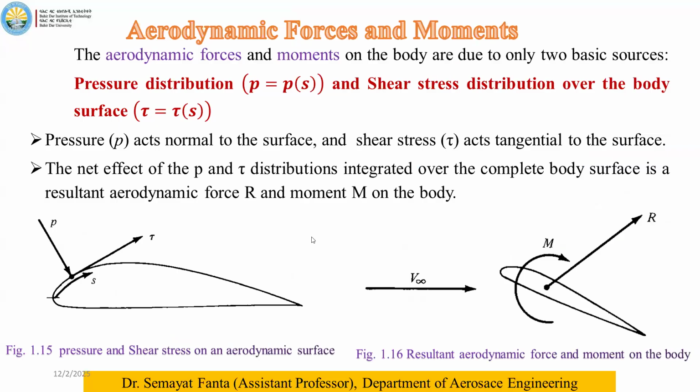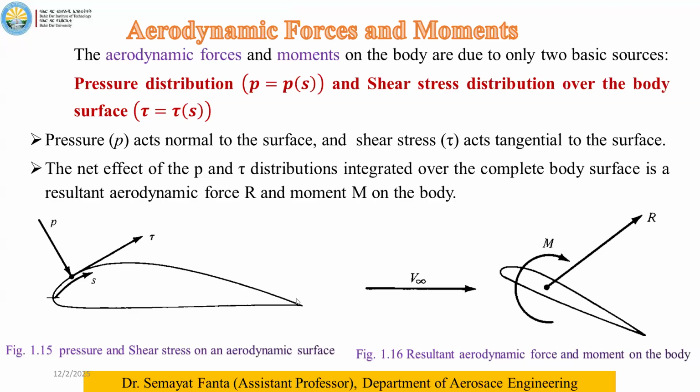So the most important aerodynamic forces on the body are the pressure distribution and the shear force. The two forces which we consider in the analysis of aerodynamics are the pressure distribution over the airfoil, which acts perpendicular to the surface, and the shear force, which is tangential.